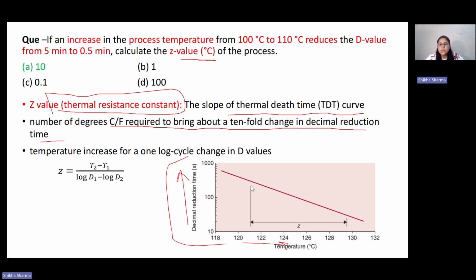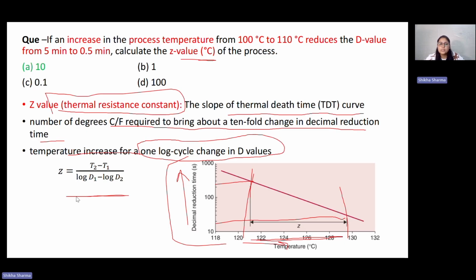From the slope of this curve we calculate the temperature. The temperature increase for a one log cycle change in the D value is the Z value.